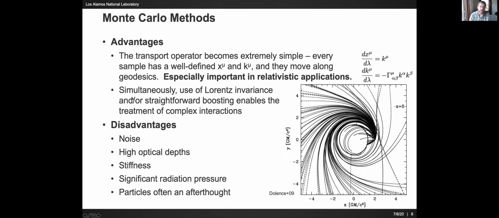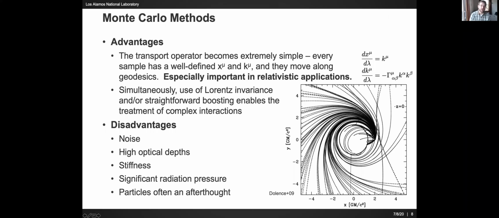The other one is that I mentioned this issue of frames, and one nice feature of Monte Carlo is that it's very easy to move between frames for your samples, and it also allows you to leverage Lorentz invariance in a way that's often difficult in other kinds of discretization schemes. So this is a great advantage when you're doing things like scattering, right?